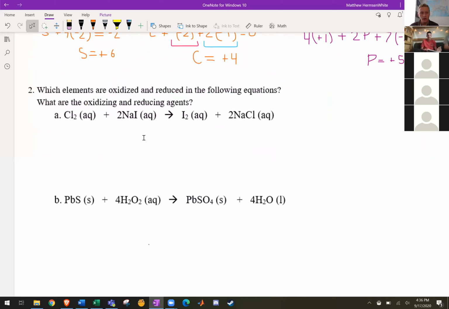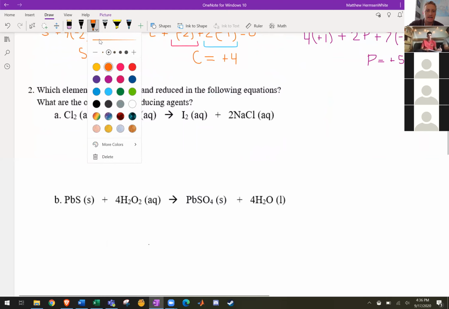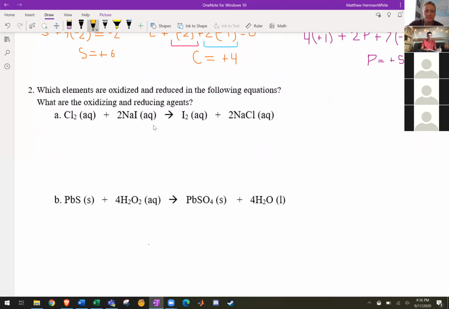And further, what are the oxidizing and reducing agents? What this question is asking is, we have some sort of a chemical reaction, and electrons are exchanging from one atom to another. It wants to know which are giving electrons and which are receiving.